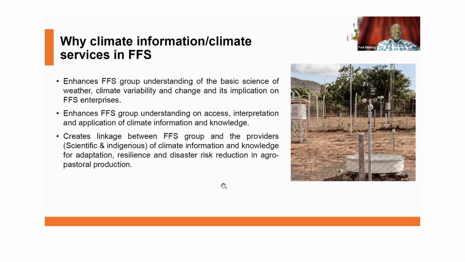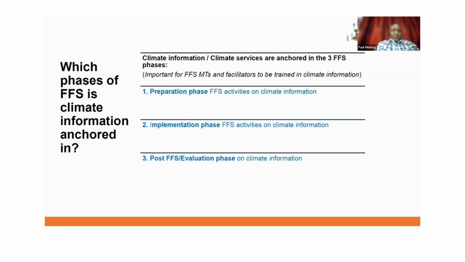In essence, it brings together all the players, the extension workers, the meteorology people, and all the people who are involved with agriculture and climate information. Next slide. It is very, very important that the farmer field school master trainers and facilitators are trained in climate information.